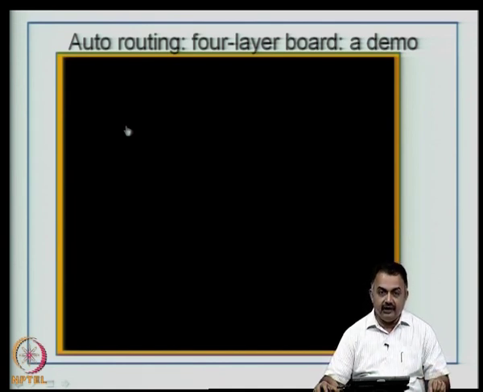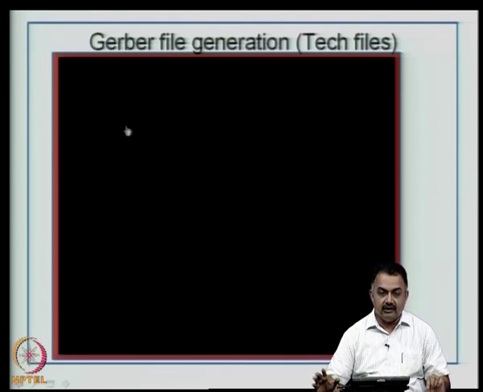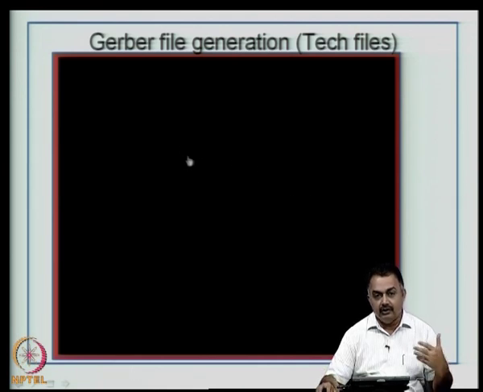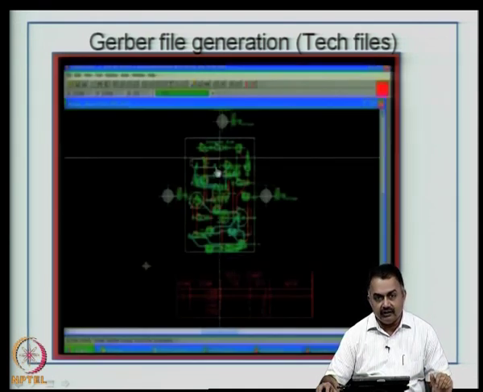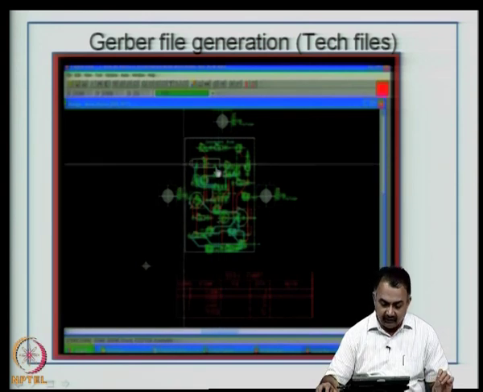So, we have seen how we have progressed for a same design from a single sided board to a double sided board and then a 4 layer board. So, for more complex boards you can use number of layers as the case may be. Now, finally, after the routing is complete, okay, you will have to generate technology files for this particular design.